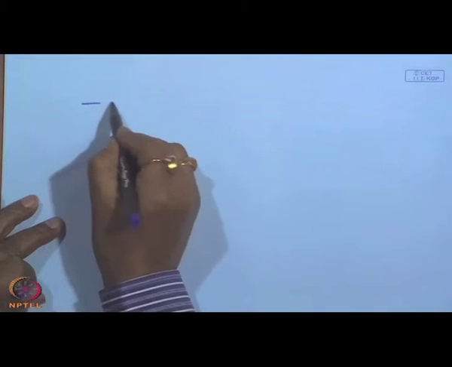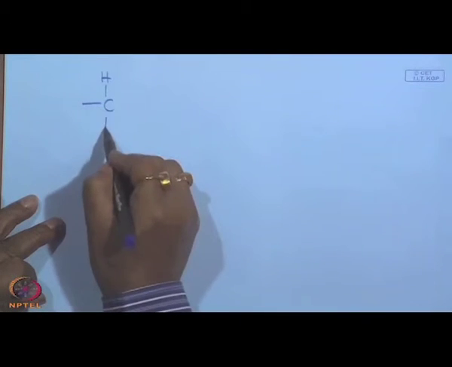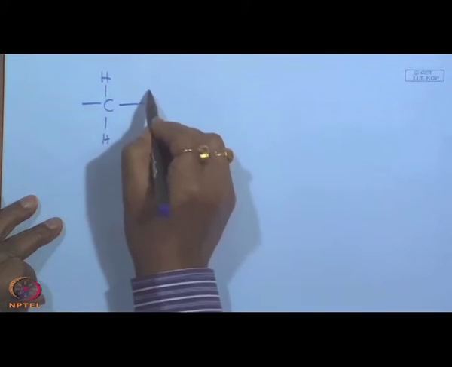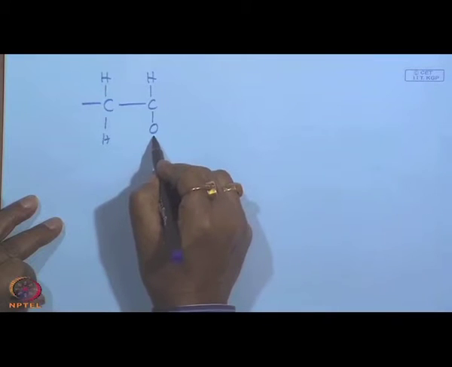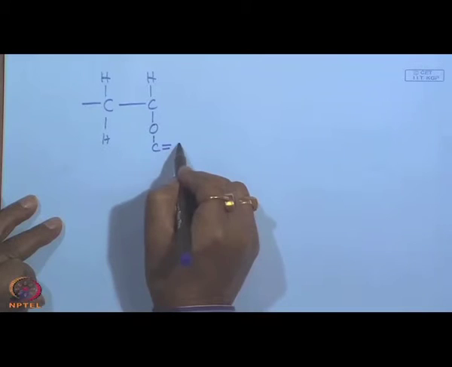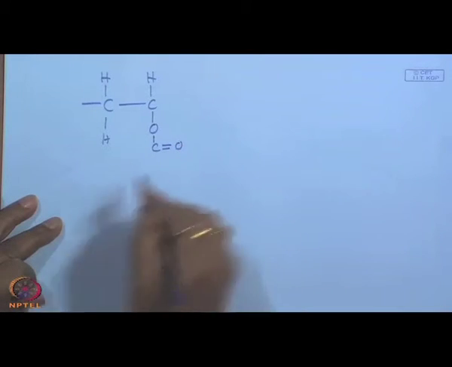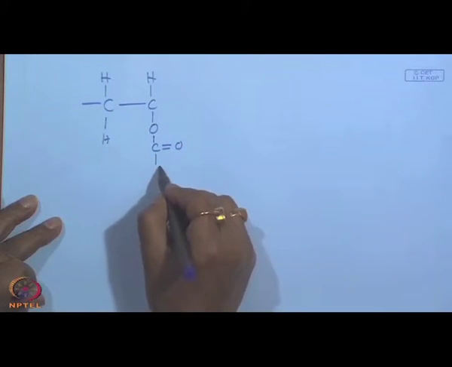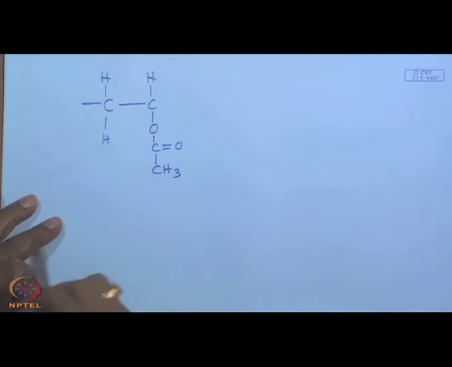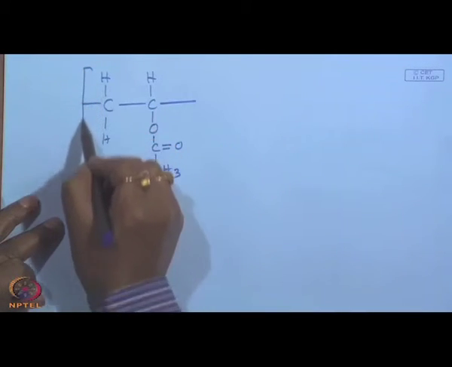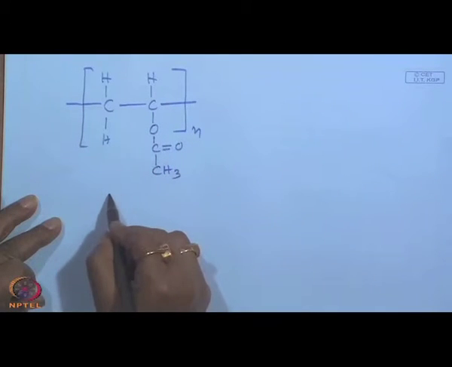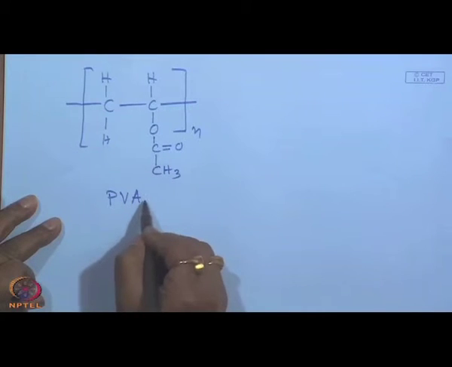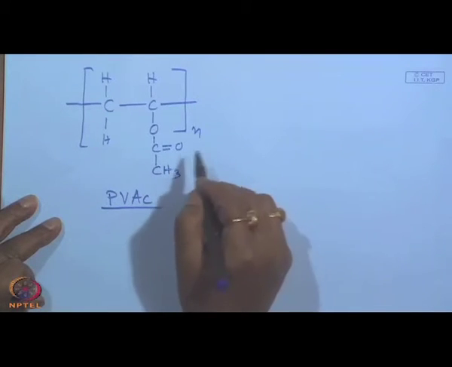Say this is polyvinyl acetate, this is the repeat unit of polyvinyl acetate, you can write this way also, polyvinyl acetate.